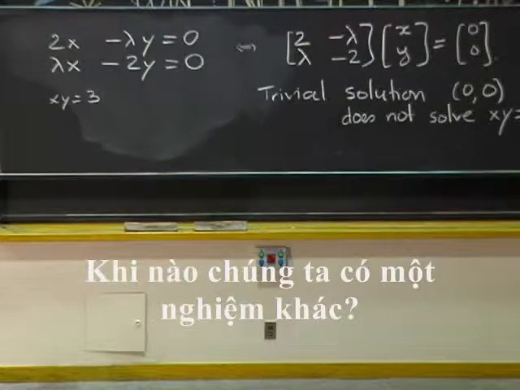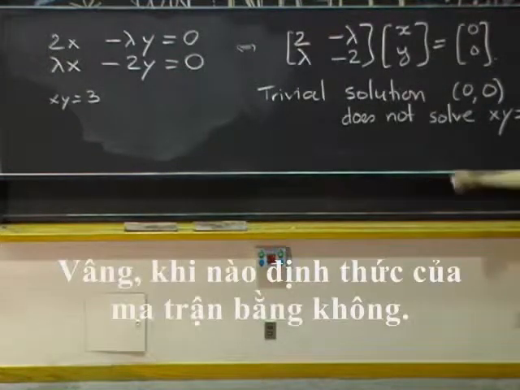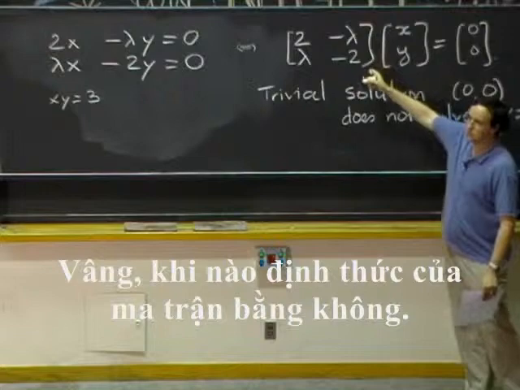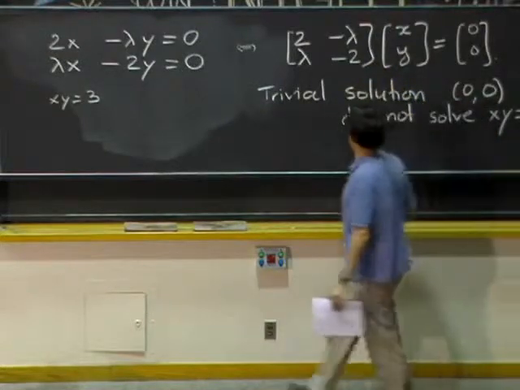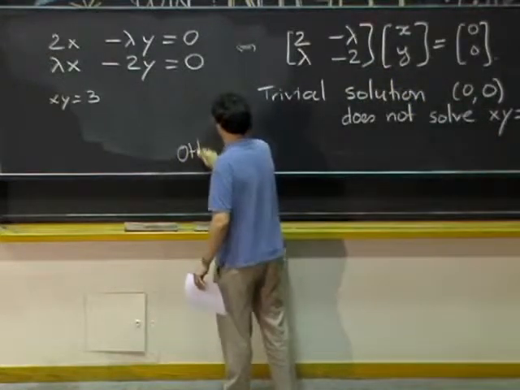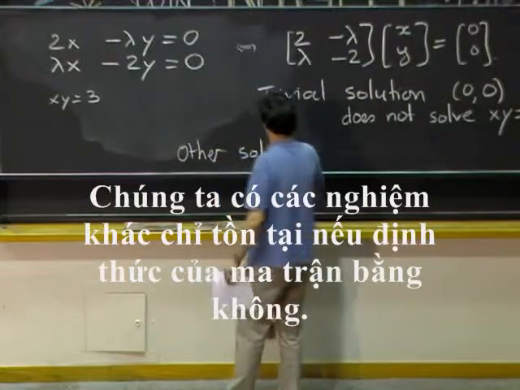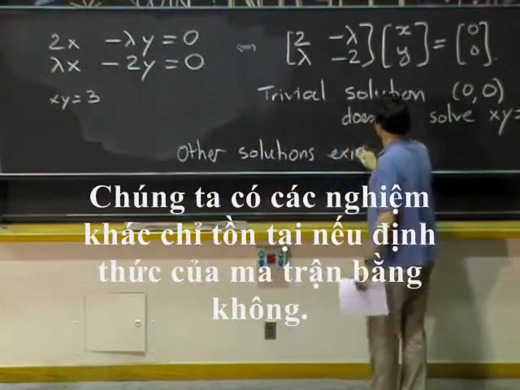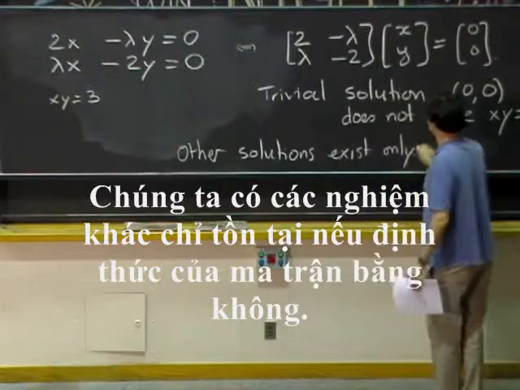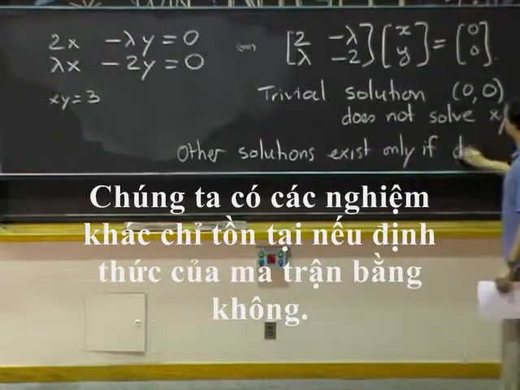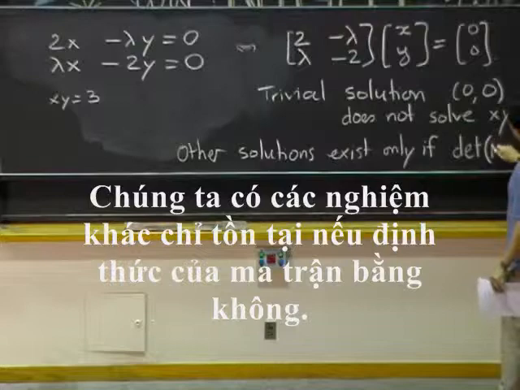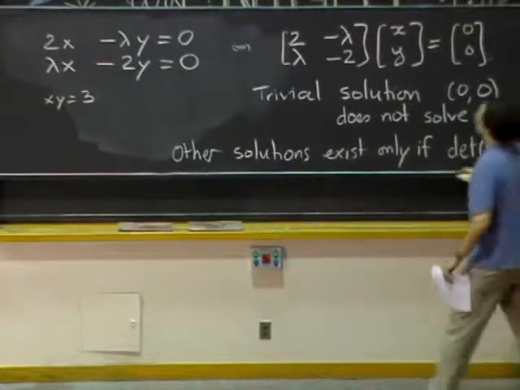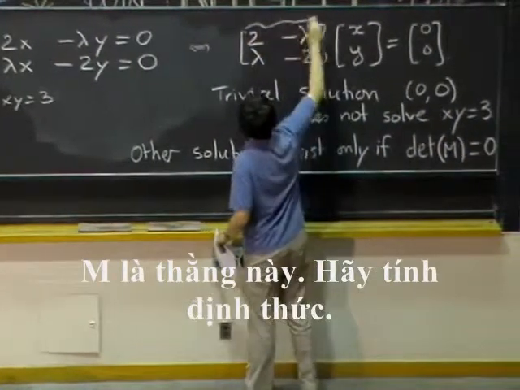When do we have another solution? Well, when the determinant of the matrix is 0. Okay? So other solutions exist only if the determinant of the matrix M is 0, where M is this guy.